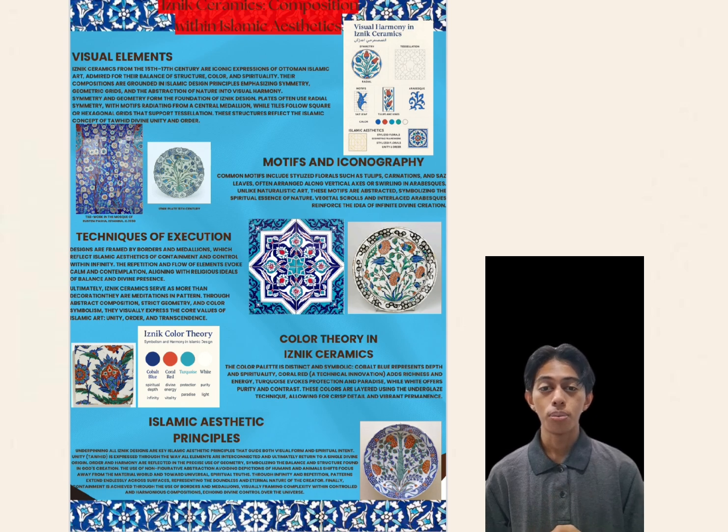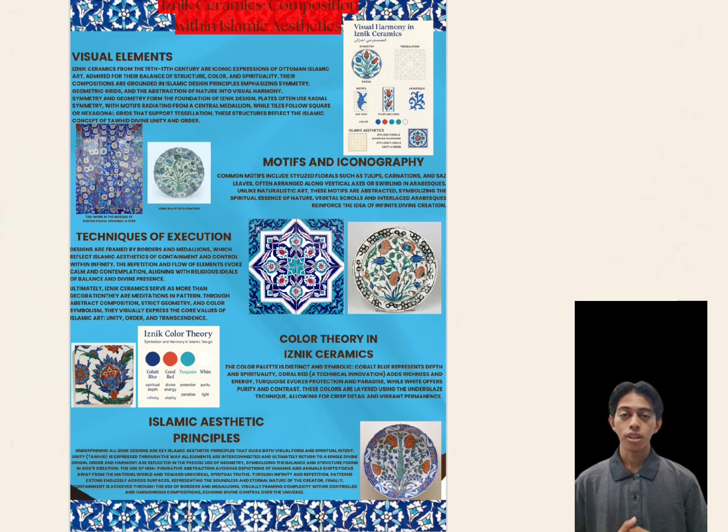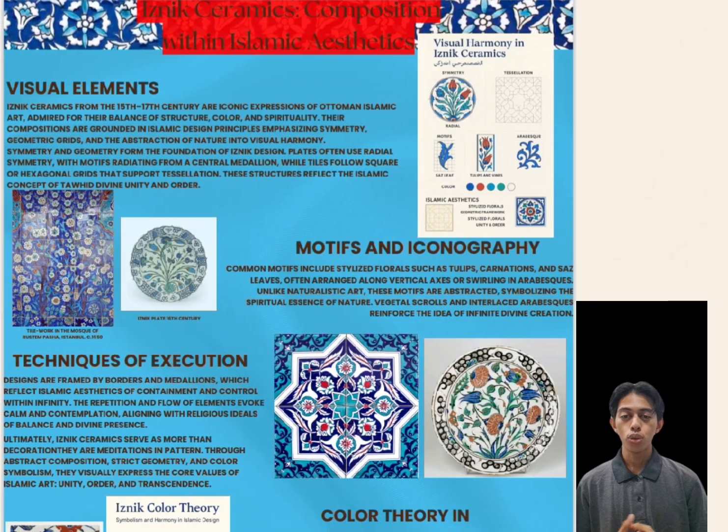As you will see from the poster, I investigated their visual elements, motifs, techniques, color theory, and how they reflect spiritual meaning through formal design. Let's begin with the top left section, visual elements. Islamic ceramics are known for their radial and geometric symmetry.